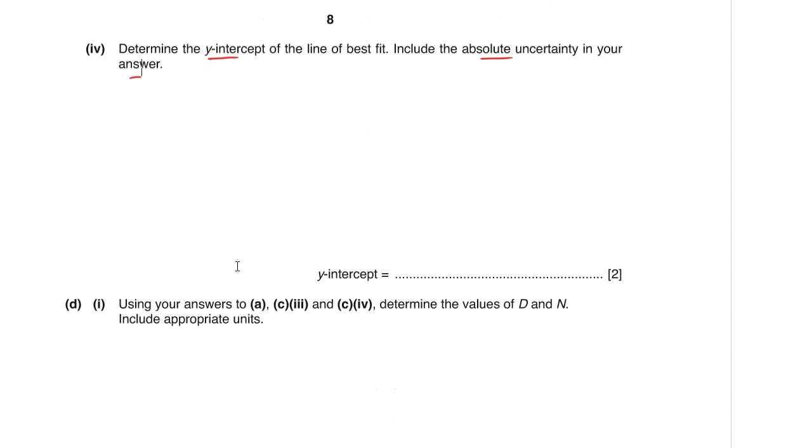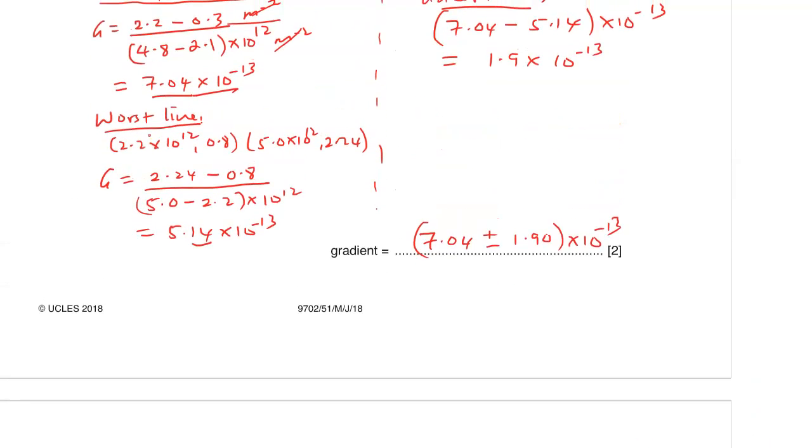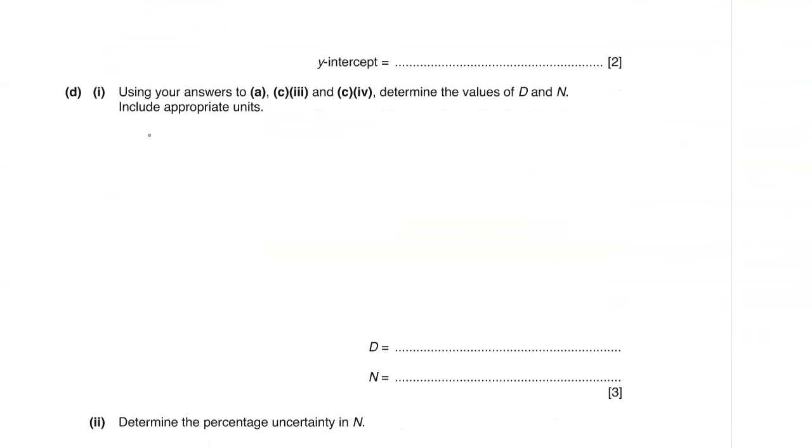Now to find the y-intercept, we use this equation, y equals mx plus c, and you pick the values of y. You can use this equation, not that equation, whichever. Just pick 2 points on the line.